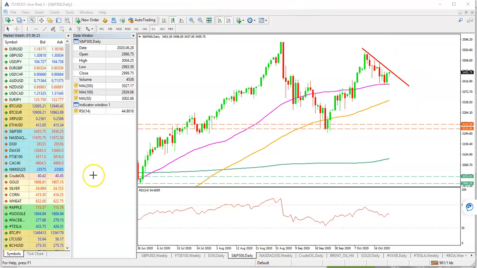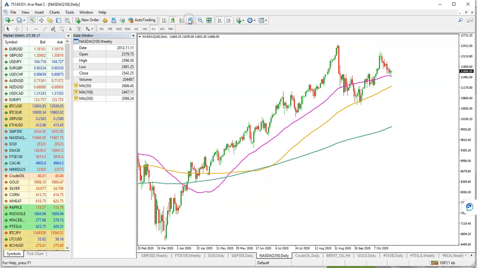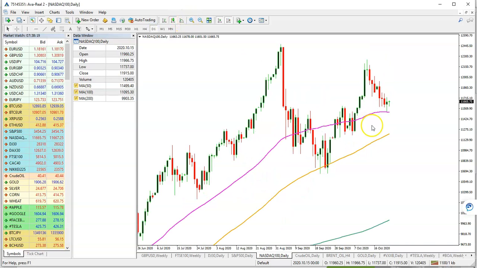But like I said, the focus is going to be quite a lot going into next week on the Nasdaq 100 index, which by the way is still very much trading like the Dow Jones index, meaning it is trading very close to its 50-day simple moving average, which is right over here.